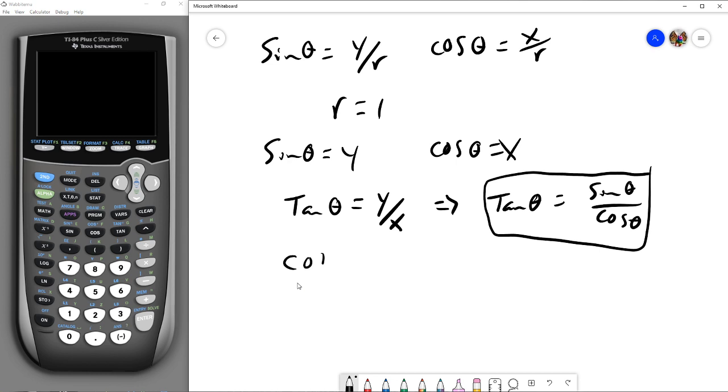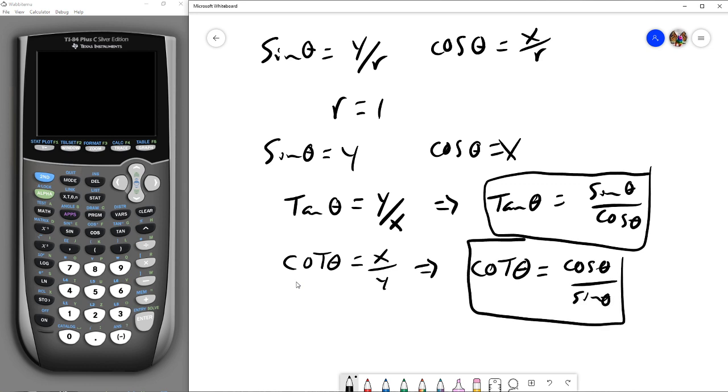And cotangent theta was equal to x over y, from which it immediately follows that cotangent theta is going to equal cosine theta over sine theta. There's another trig identity.